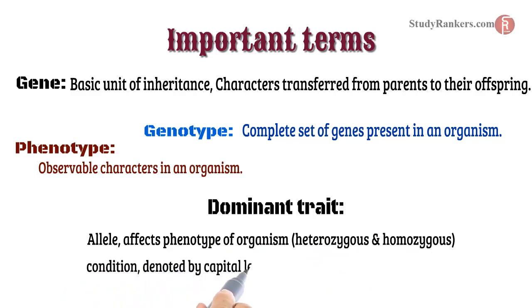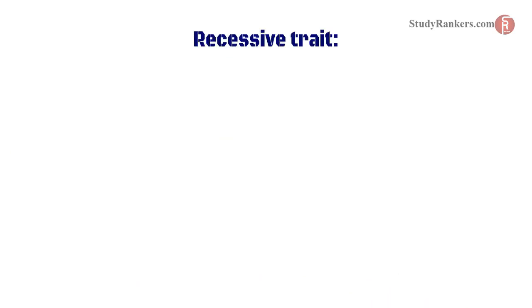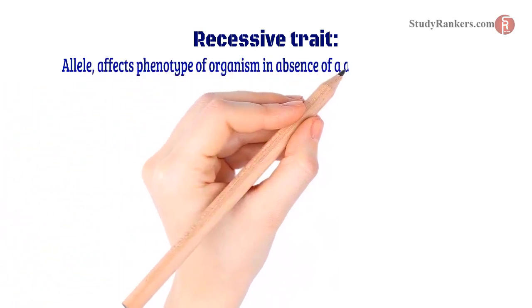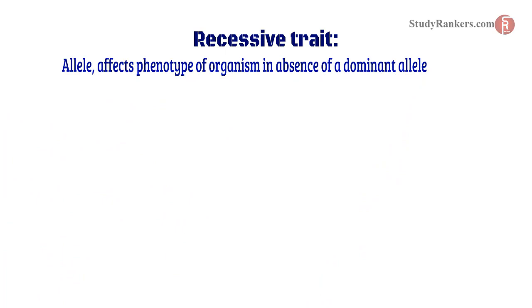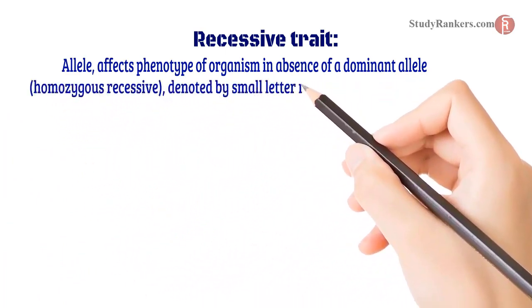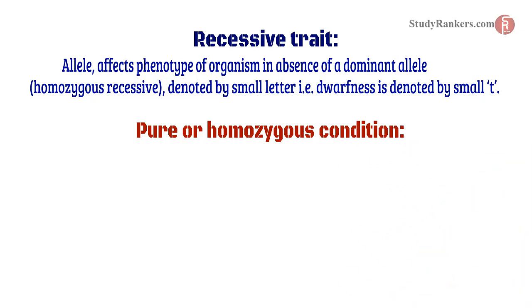denoted by capital letter, that is, tallness is denoted by capital T. Recessive trait. Allele affects phenotype of organism in absence of a dominant allele, that is homozygous recessive, denoted by small letter. Dwarfness is denoted by small t. Pure or homozygous condition.